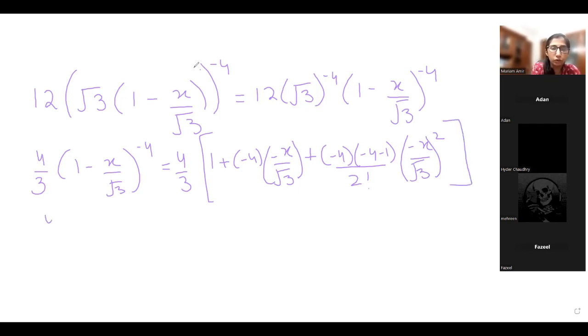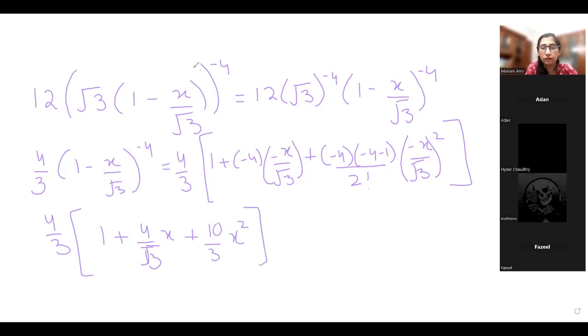So we have 4 upon 3 bracket 1 plus 4 upon under root 3 x and then minus 4 times bracket minus 4 minus 1 bracket divided by 2 factorial and divided by 3, which gives me 10 upon 3 x squared.